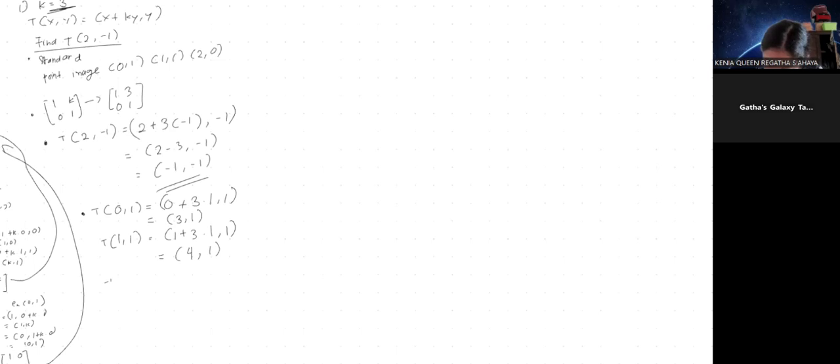And for T(2, 0), 2 plus k, 3, multiplied by 0, we got (2, 0). And there it is. This is for the shear in the direction of x.